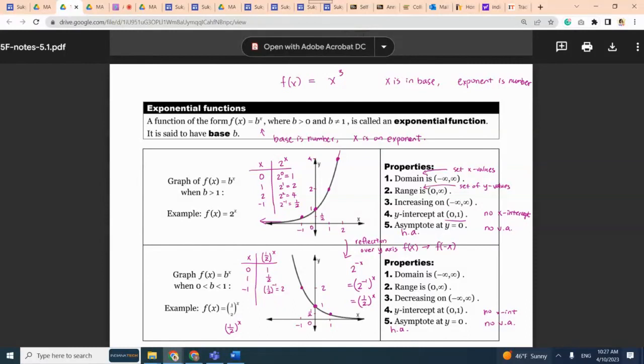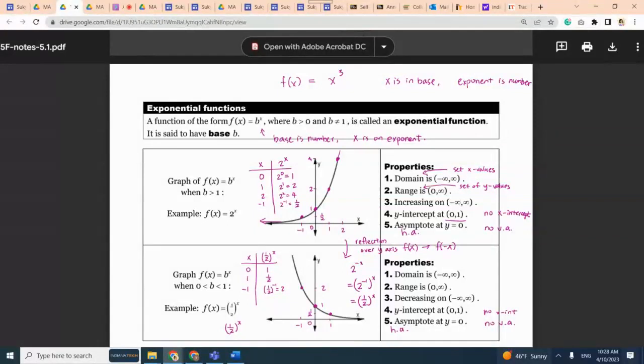Okay. Now look at this graph and compare it to this graph. Do you see, when you flip this graph over the y-axis, you get this graph? Do you see that, everybody? Why? Because (1/2) to the x is like (2 to the -1) to the x. And you can multiply the exponents, you get 2 to the -x.